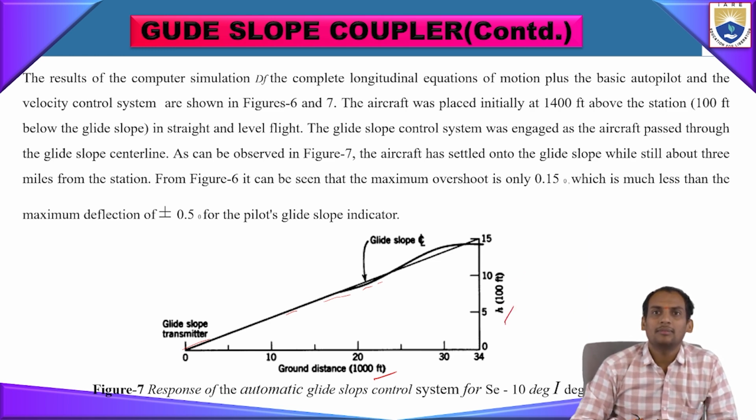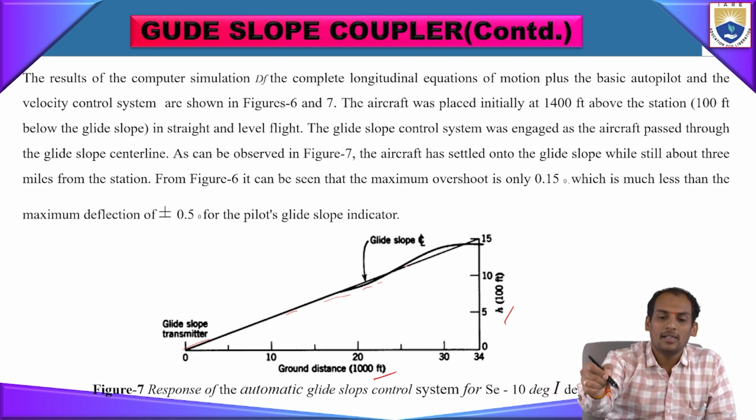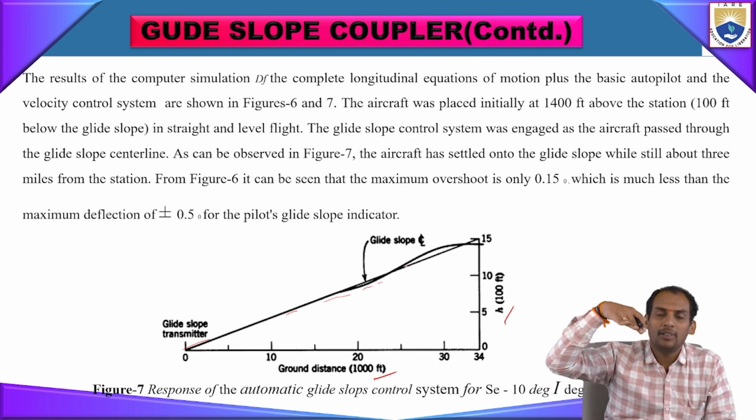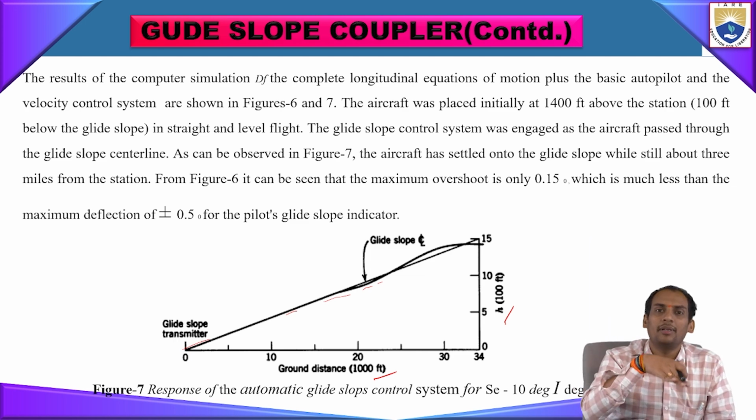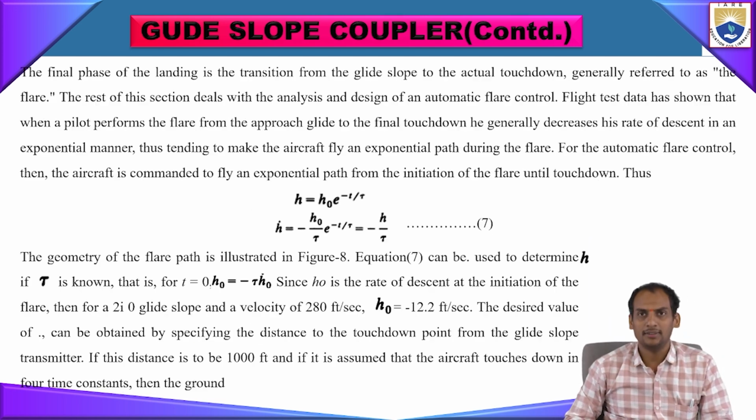From 100 feet from the station, the glide approach angle changes from a small angle. Even for that glide angle, it initially has damping, but after that it gets into a stable condition due to the autopilot system only.